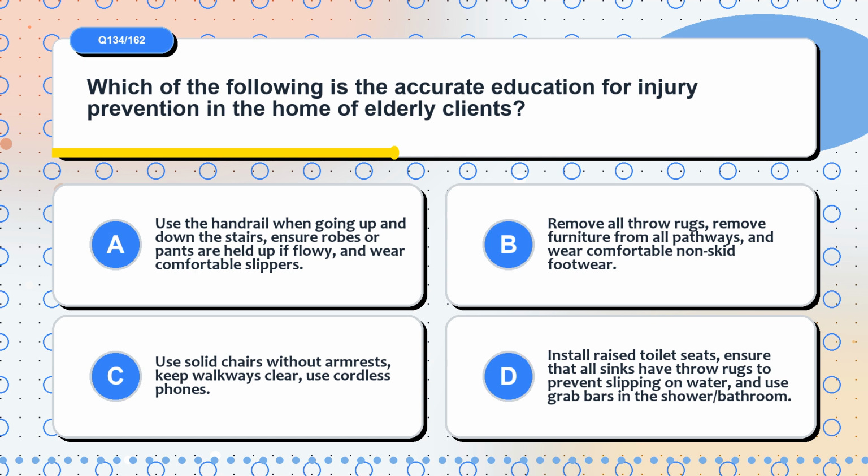Option B: remove all throw rugs, remove furniture from all pathways, and wear comfortable non-skid footwear. Option C: use solid chairs without armrests, keep walkways clear, use cordless phones. Option D: install raised toilet seats, ensure that all sinks have throw rugs to prevent slipping on water, and use grab bars in the shower/bathroom.